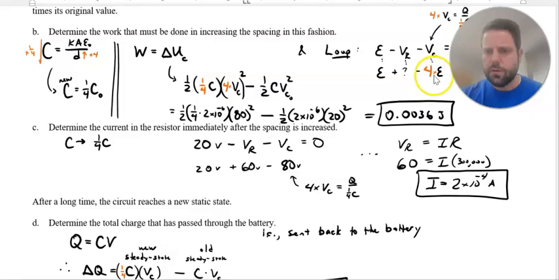So let's take a look really quick at where this 4E came from and how we knew that there was voltage across the resistor. So when I was writing this up, I just wrote out all the possibilities. We had voltage across the resistor, voltage across the capacitor, and then I looked at this idea that if I'm decreasing the capacitance and charge has not had a chance to be removed or added on, then it's going to initially be the same because it hasn't had a chance to react to us increasing the spacing.